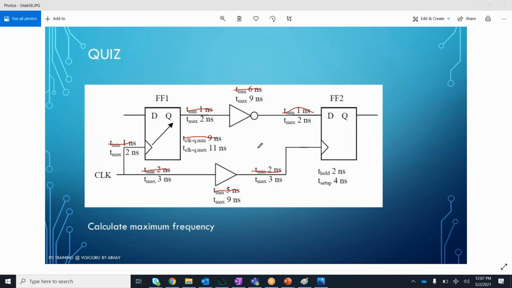You can come up with some frequency, but my intention is, what is the maximum frequency at which this circuit can be operated? That we need to find. Please try this. Minimum period will be 15 nanoseconds. Okay.